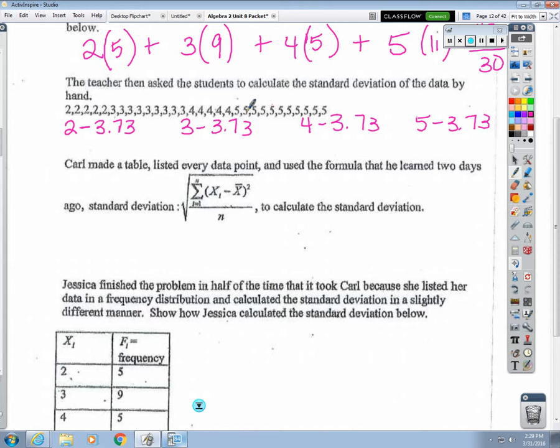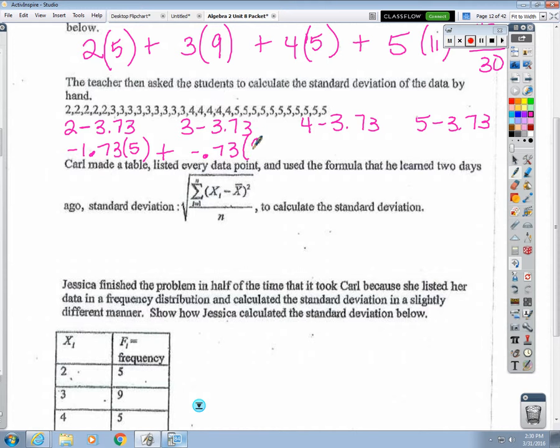Okay, what is 2 minus 3.73? Negative 1.73. But aren't there 5 2s? So aren't we going to end up with 5 of those? So multiply by 5. Then, what's 3 minus 3.73? Negative 0.73. But aren't there 9 of those?